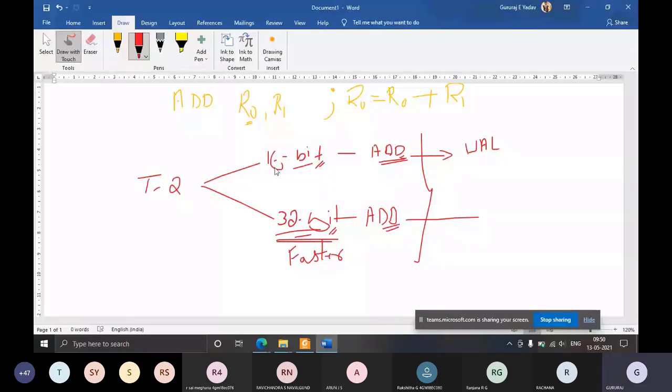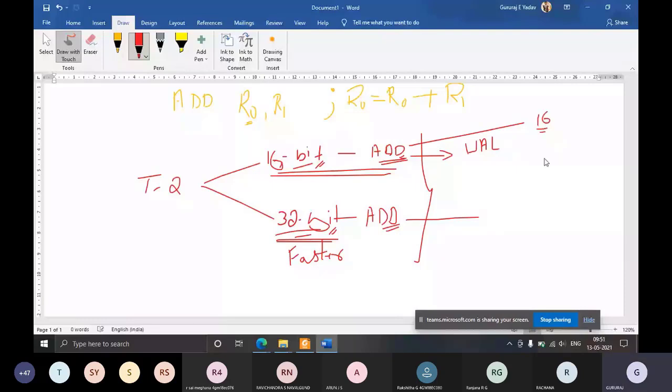What is the advantage? As I told, a 16-bit instruction means you require 16 bits to represent that instruction. Suppose you write add A comma B. To represent that you require 16 bits of space. If you use the 32-bit version of that instruction, then you require 32 bits.